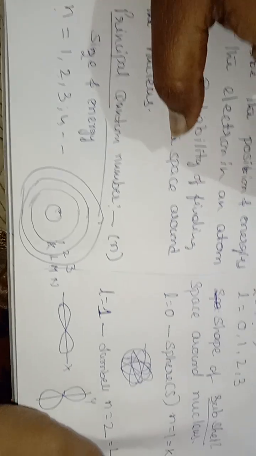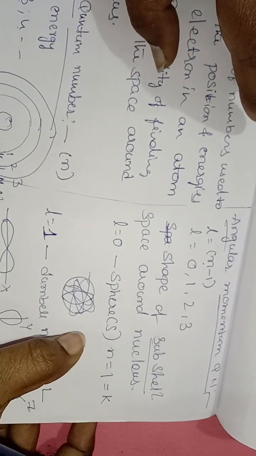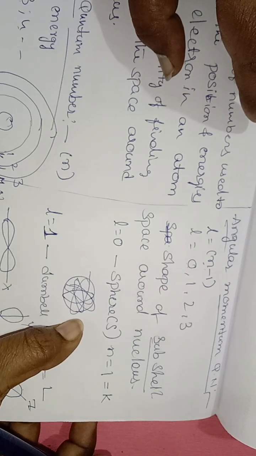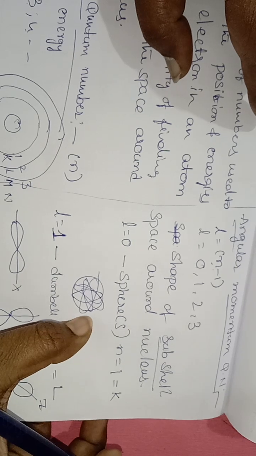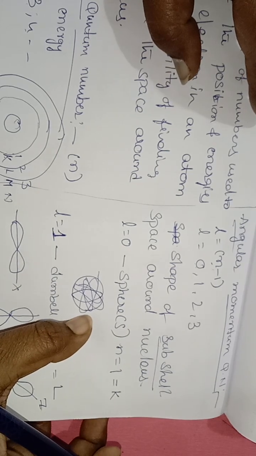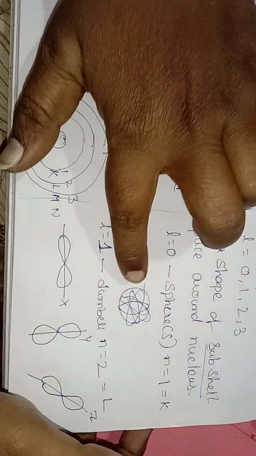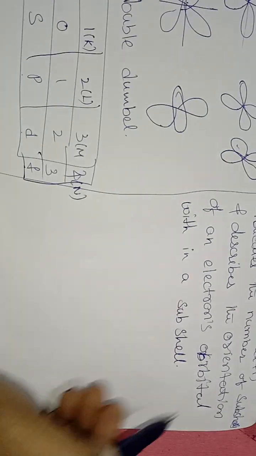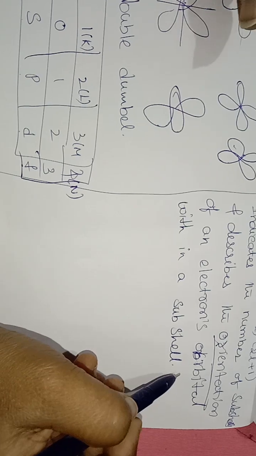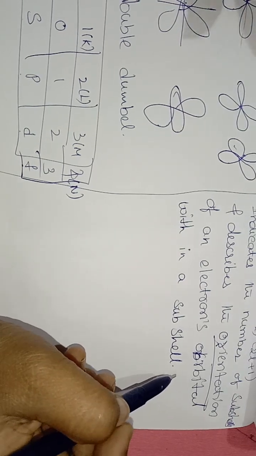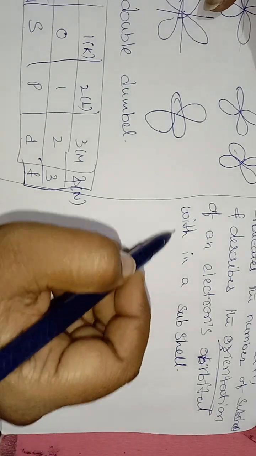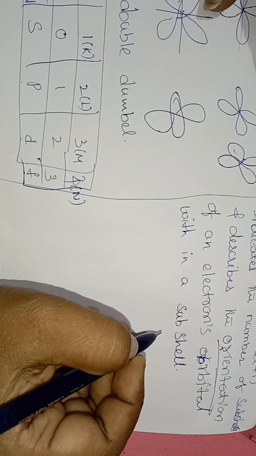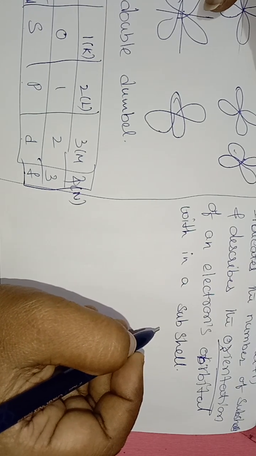The angular momentum quantum number tells us the shape of the subshell: S, P, D, F. Next, the magnetic quantum number says the orientation of an electron's orbital within the subshell.